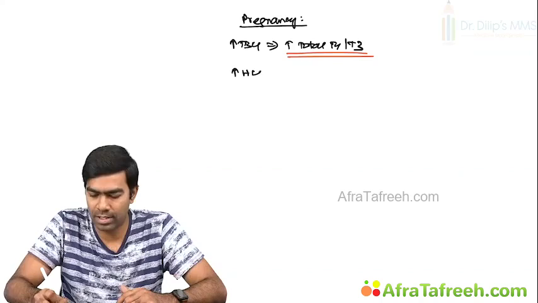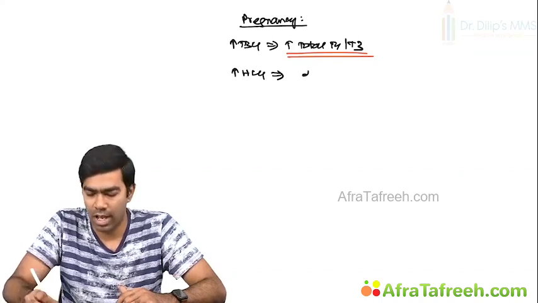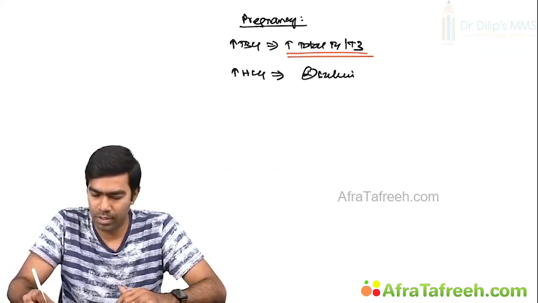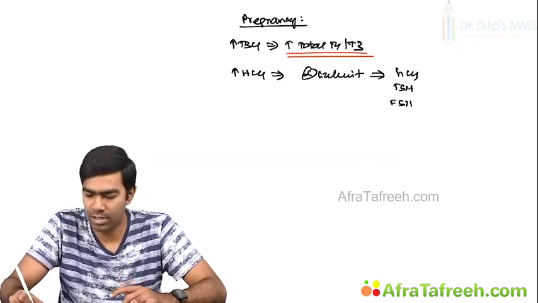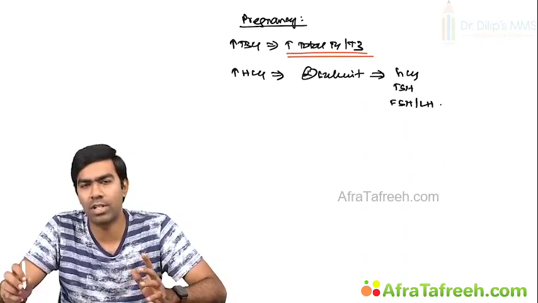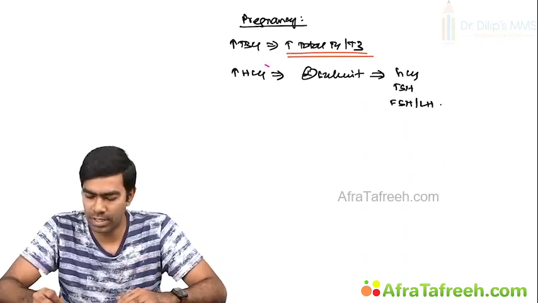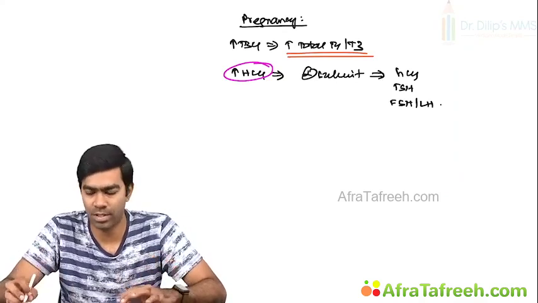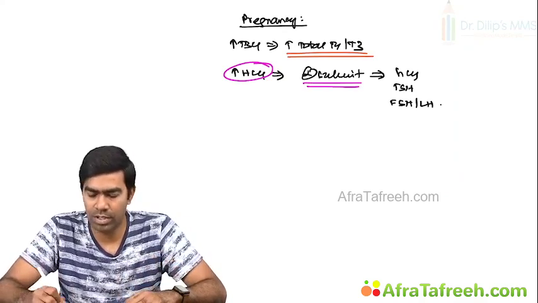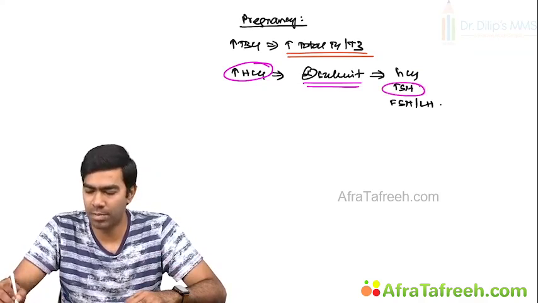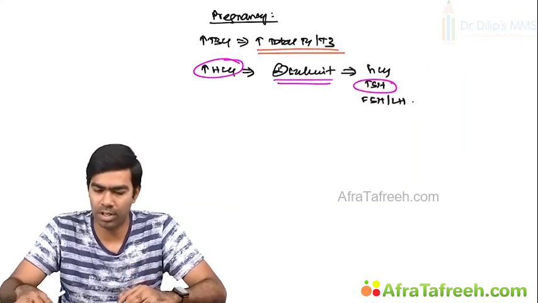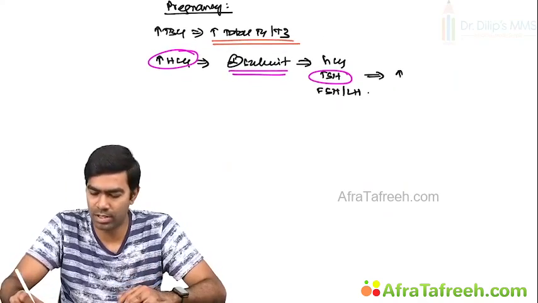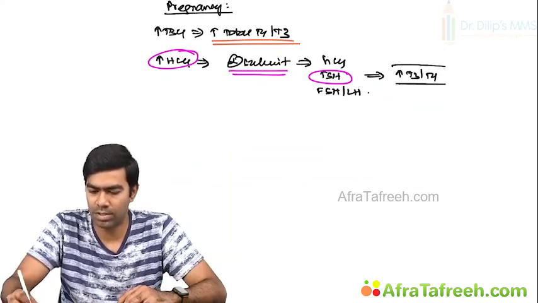And they will have excess HCG, isn't it? Remember, the alpha subunit is actually the same for HCG, TSH, and even FSH, LH, many compounds. The alpha subunit is almost the same. So that's why this excess HCG that is seen in the first trimester especially, the alpha subunit of this beta HCG can mimic the TSH molecule, and it can actually result in a hyperthyroid-like state, which means they can increase the T3 and T4 levels.